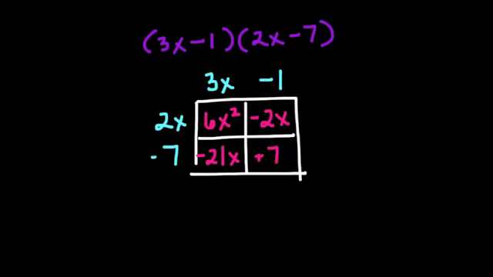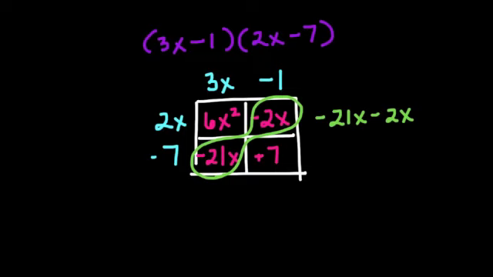So from here, I can combine my like terms together. You're going to notice that the like terms will always end up in the same spot. Notice we have like terms that are on the diagonal. We have a negative 21x and a negative 2x. Those terms get put together, negative 21x minus 2x. Everything else gets brought down.